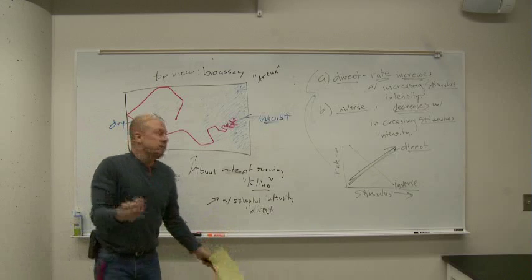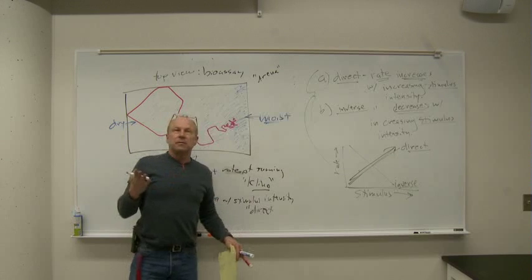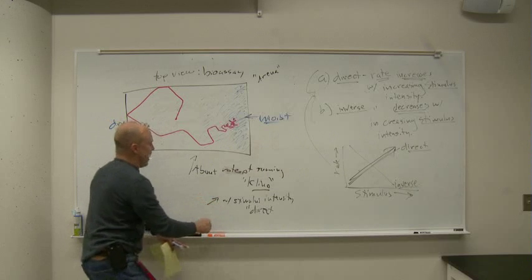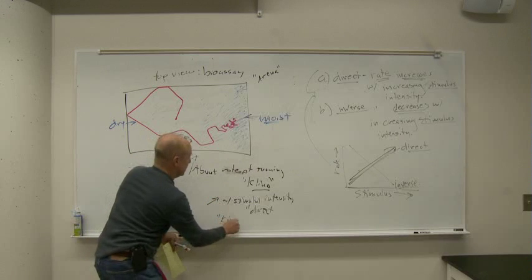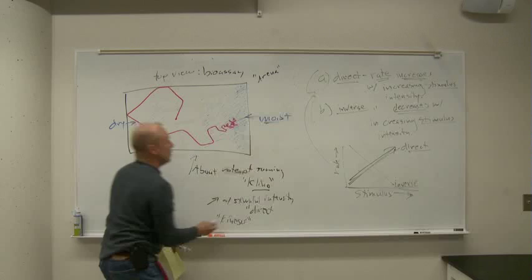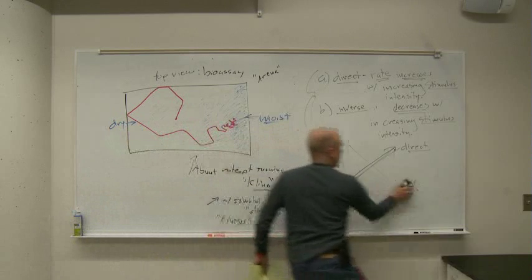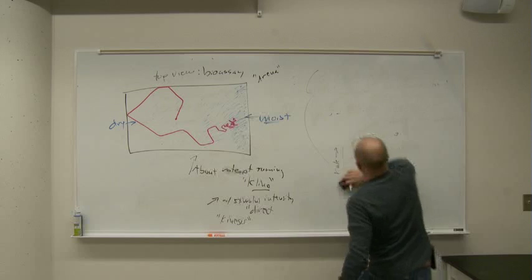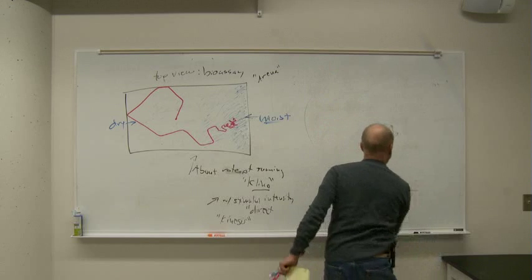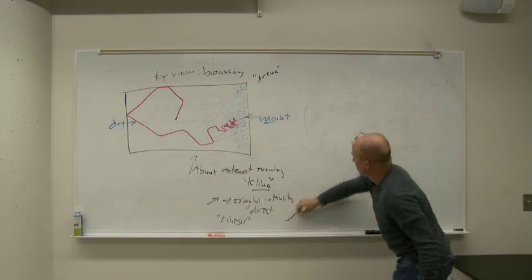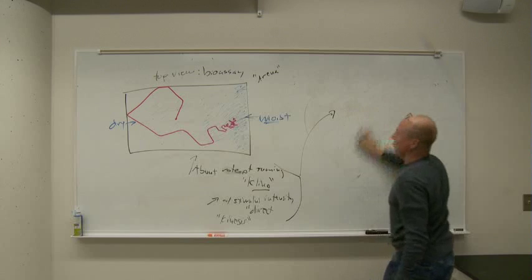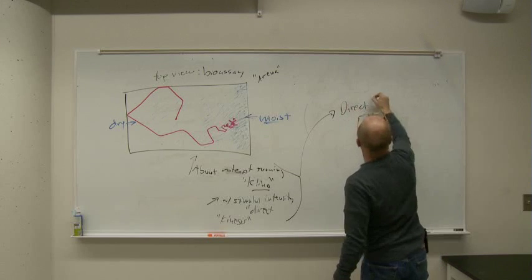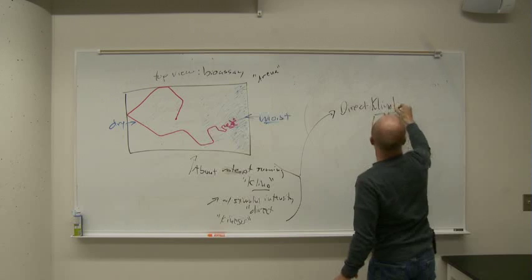And then the other thing is, of course, this is a kinesis, a non-directional stimulus, so we've got to throw in the final word, which is kinesis. Put all this together, and what we have here, pulling all of this stuff together, is a direct clinokinesis.